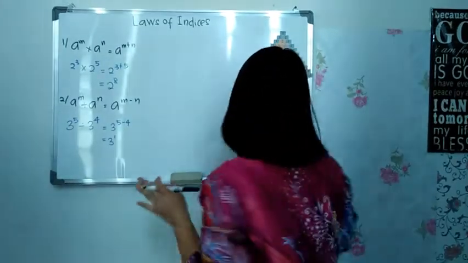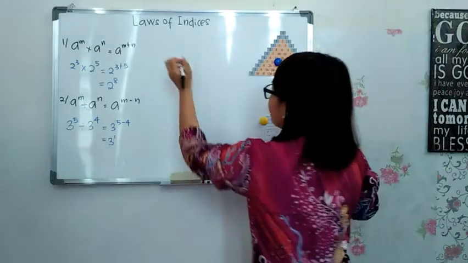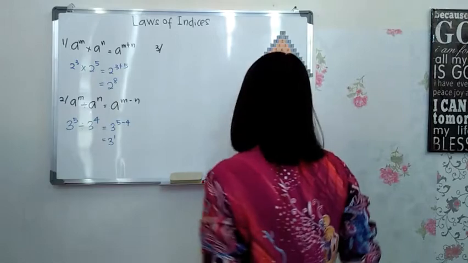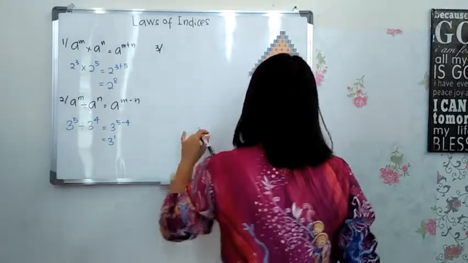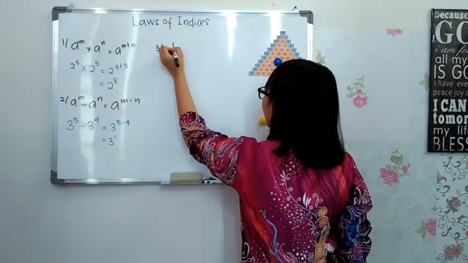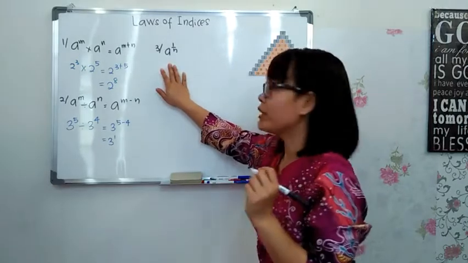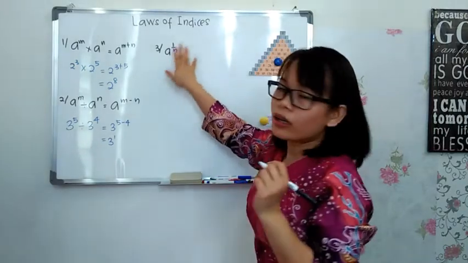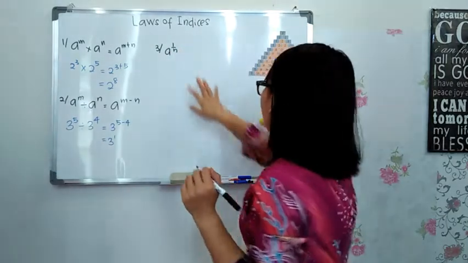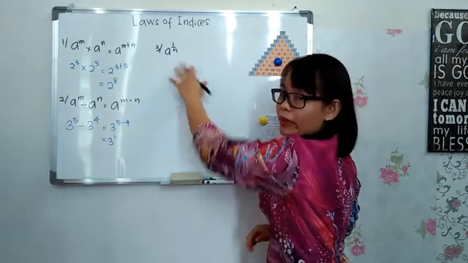Okay, now we look at the fraction. Let's say fraction a to the power of 1 over n. So what is the meaning of a to the power of 1 over n? This one you must remember.